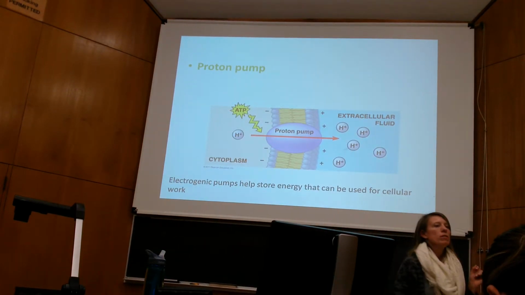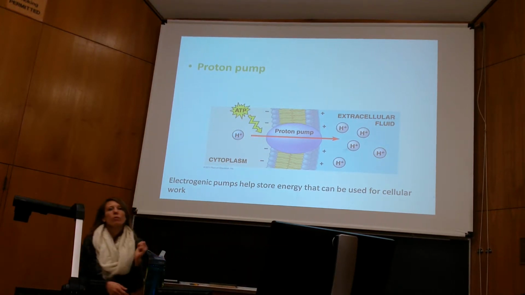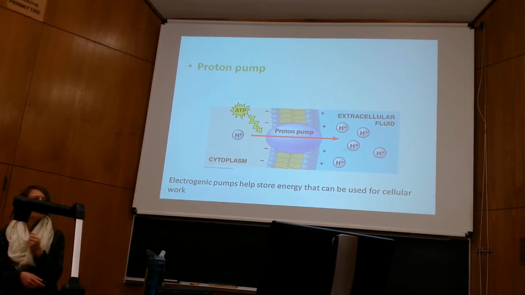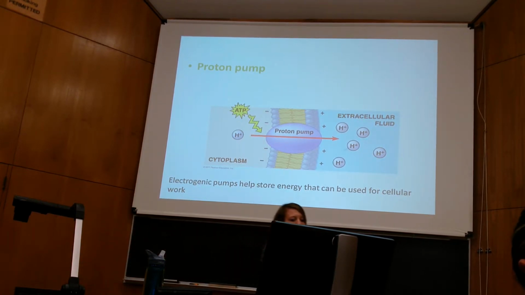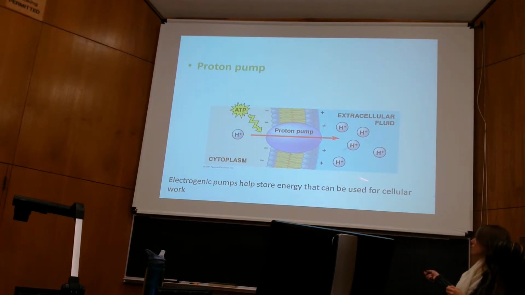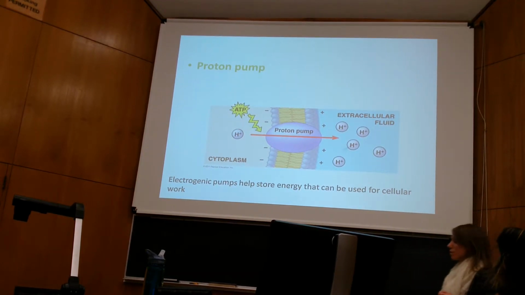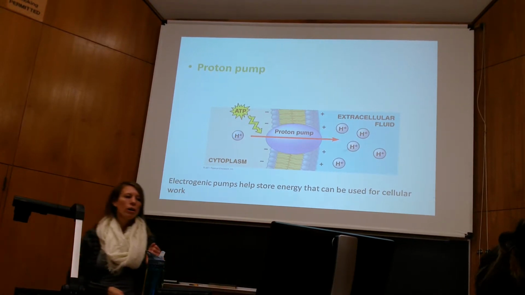One of the most common pumps we see, especially in plants, or we'll see it later in cellular respiration, is a proton pump. This uses energy to move hydrogen ions from inside the membrane to outside of the cell, again maintaining this charge for work.